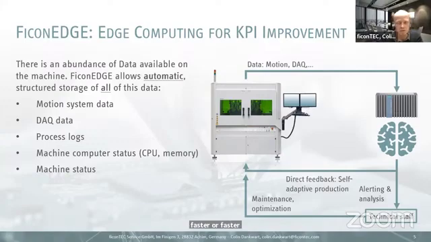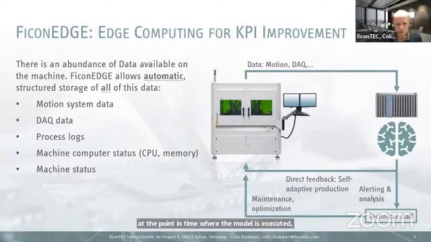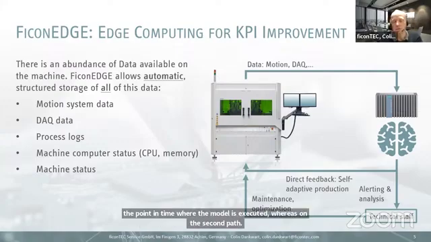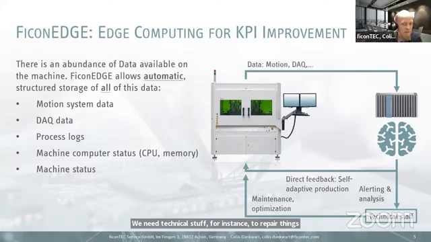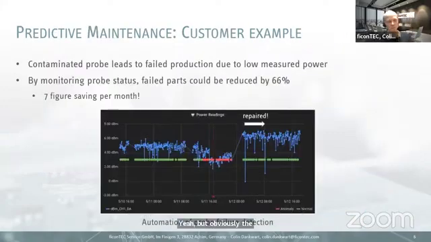And the secondary path is essentially via technical staff. So in the first case, we don't need any human interaction at the point in time where the model is executed, whereas on the second path, we need technical staff, for instance, to repair things or perform an analysis. It can be really useful for that. But obviously the first case has some advantages.